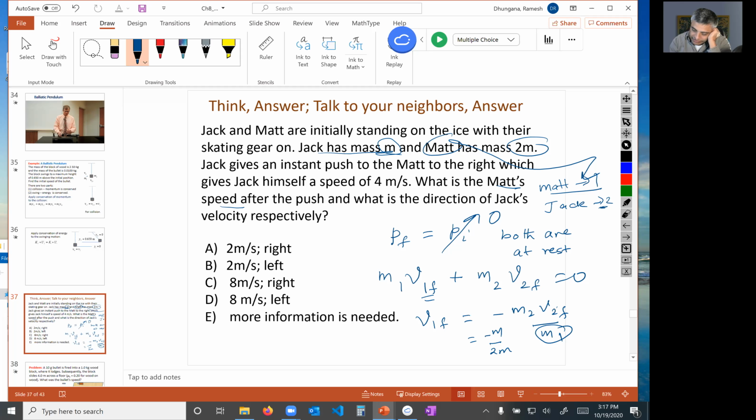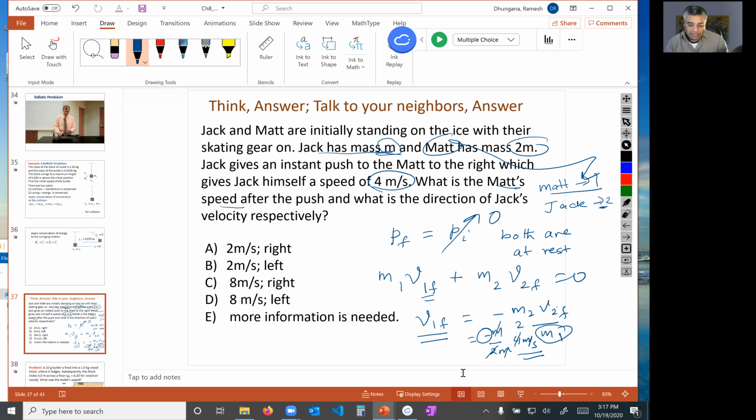And V2F is 4 meters per second. 2 makes this 2 and mass cancels. So what it is saying is the velocity of 1 is opposite of the velocity of 2. That's what this negative sign means. So if one is going right, another one is going left. Okay, so that's what it means.